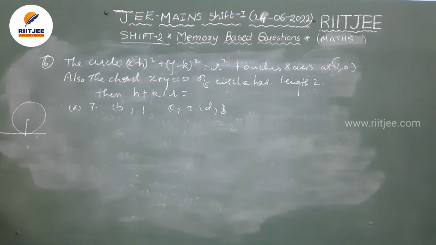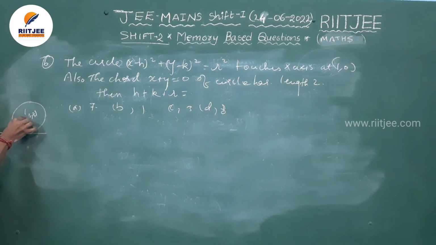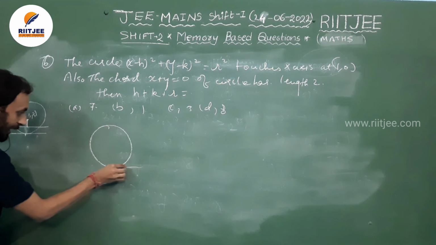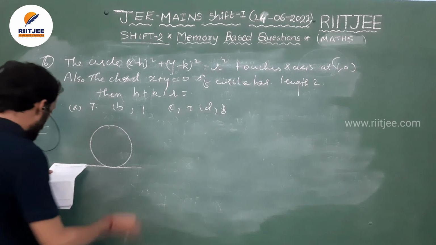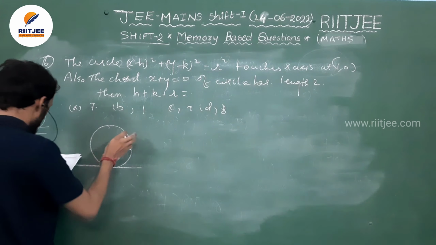So if I take the center at (1, beta), let me change the diagram for the circle. This is the circle touching the x-axis at (1, 0). Now how will you get the chord?